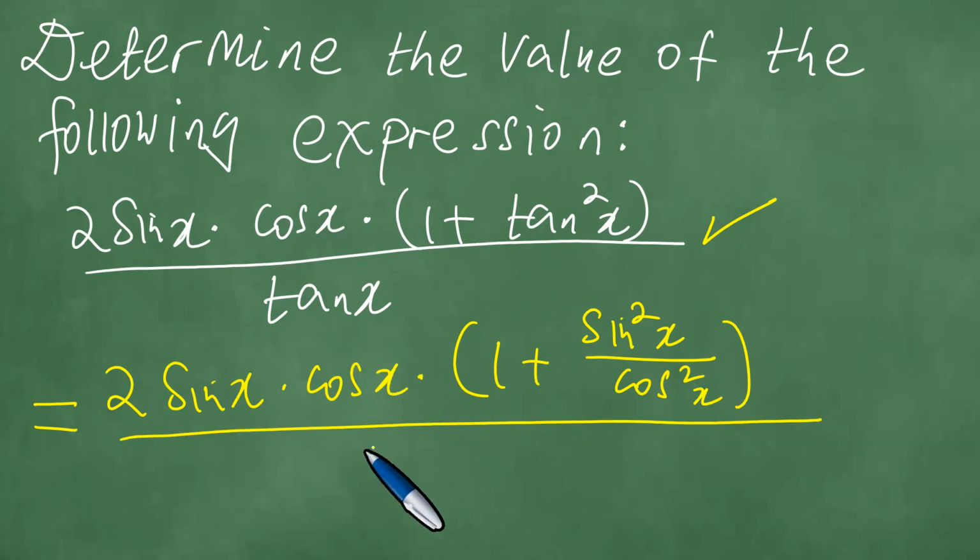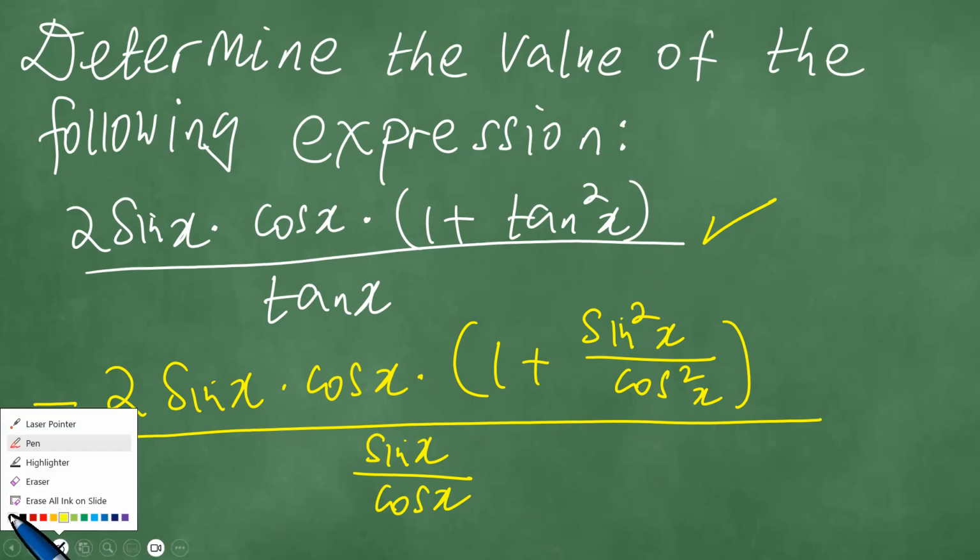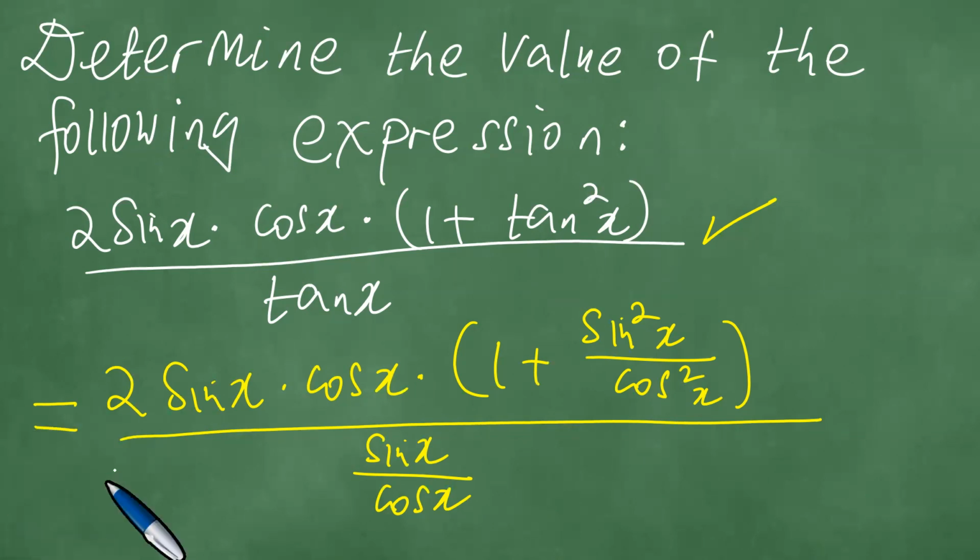We divide everything by sine x over cosine x, because the tangent is sine x over cosine x, but the tangent squared becomes sine squared x over cosine squared of x. Right, we continue. We can proceed by writing 2 sine x cosine x into 1 plus sine squared x over cosine squared x, then you multiply by the reciprocal.